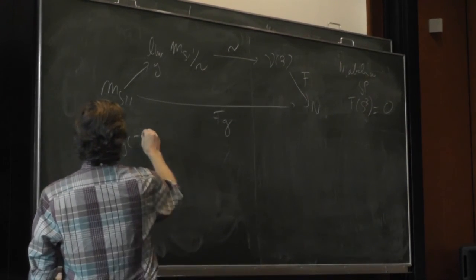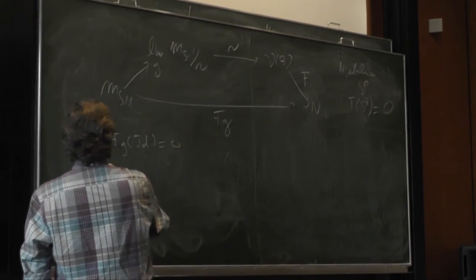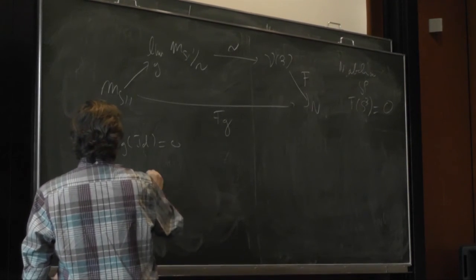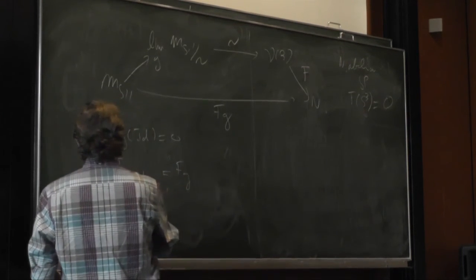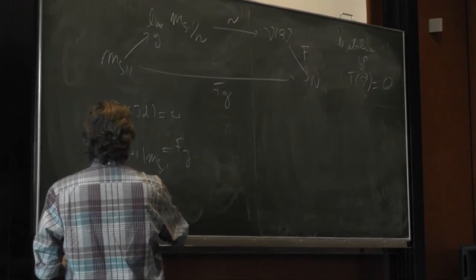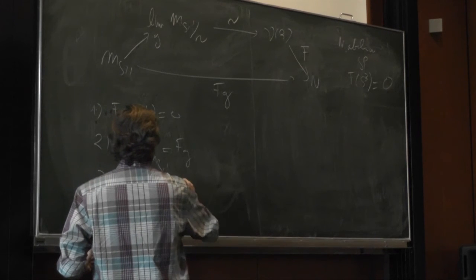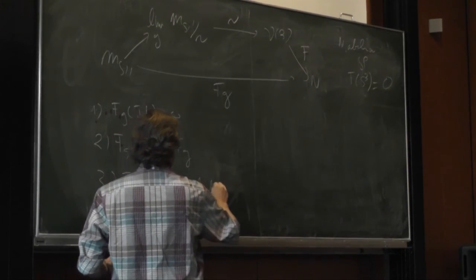First, FG of the identity is 0. Second, if G plus 1 restricted to MG,1 is FG. And third, FG is constant on double classes.